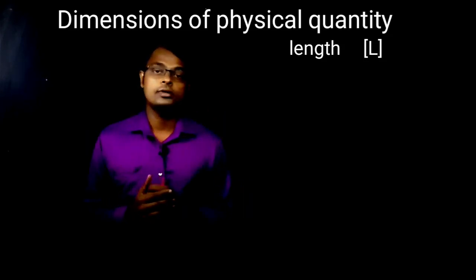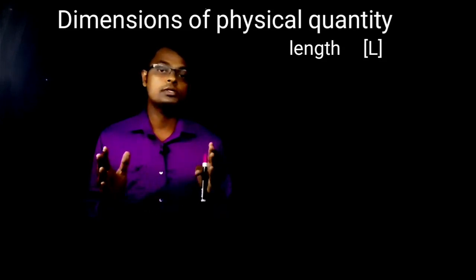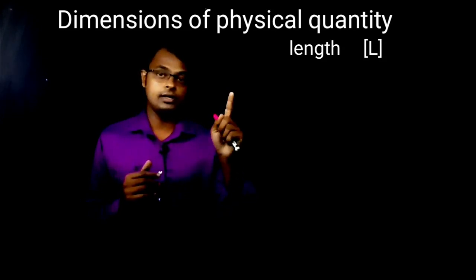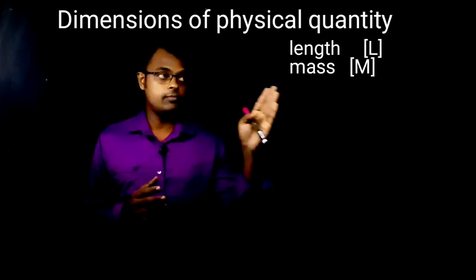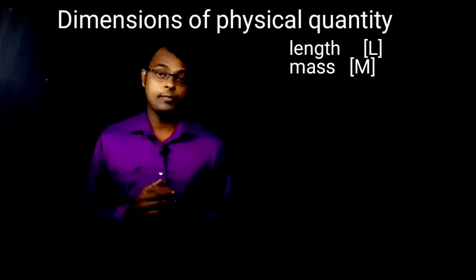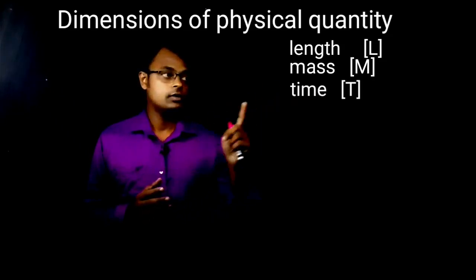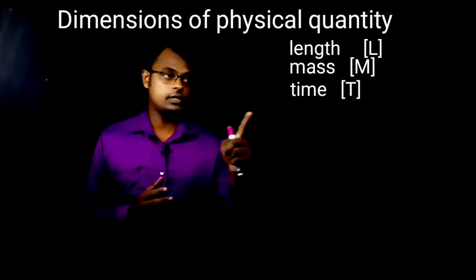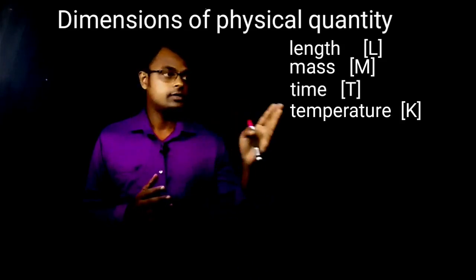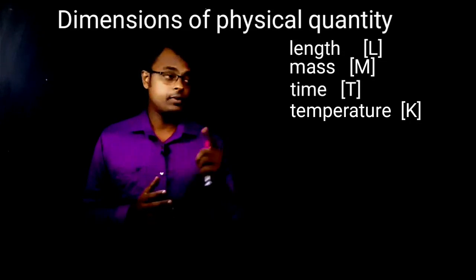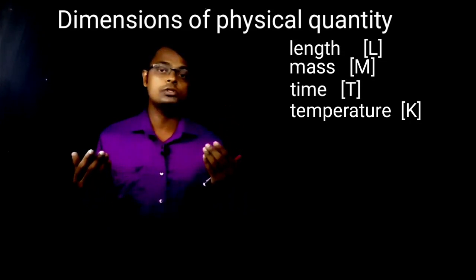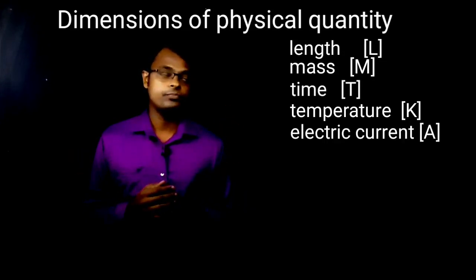So the first one, length, we represent with capital letter L in square bracket. In the same way, mass, capital letter M in square bracket. Time, capital letter T in square bracket. Temperature, capital letter K, or sometimes theta, in square bracket.